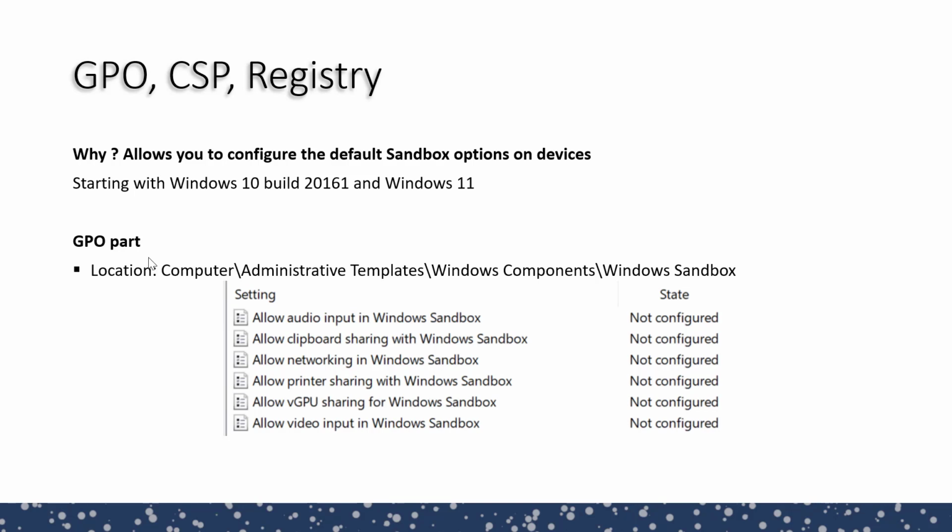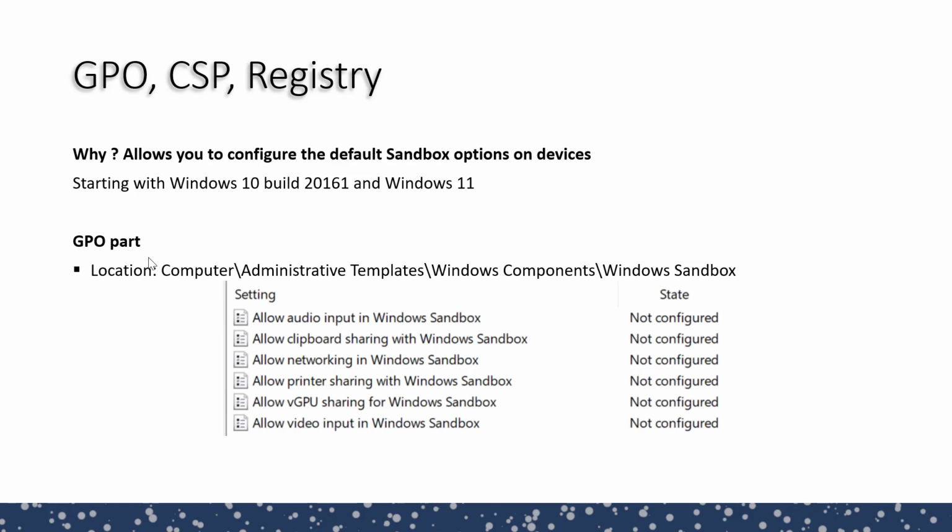GPO part is to configure it with a GPO, go to Computer Part, Administrative Template, Windows Component, and Windows Sandbox. And you will see some options like allow audio input, allow clipboard sharing, allow networking, allow printer sharing, allow video input, etc. These are all options that we have seen in the Windows configuration file, meaning WSB file.